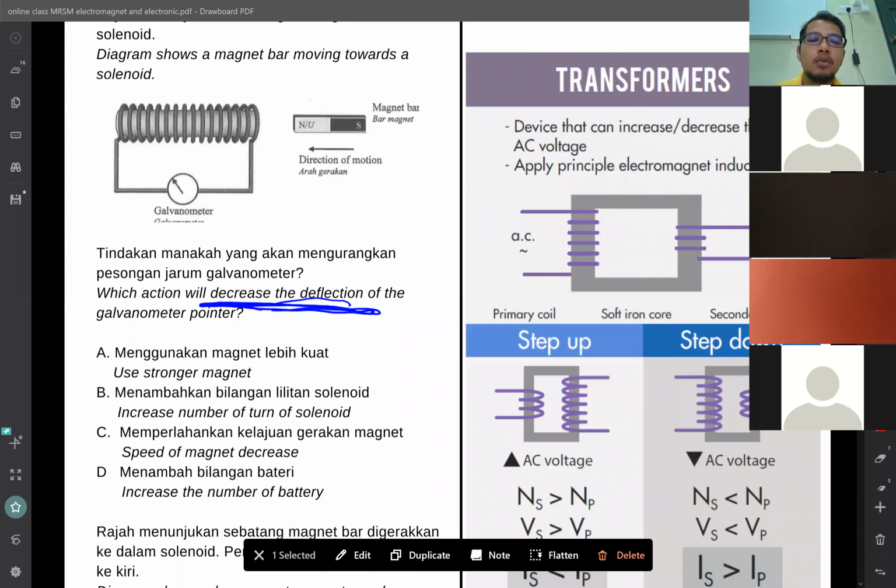But the question asks you to decrease the deflection, meaning it wants the lower one. So what will be the answer? Okay, so the answer is C. Speed of magnet is decreased.